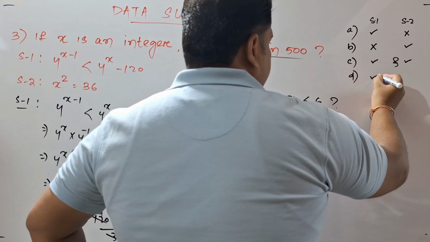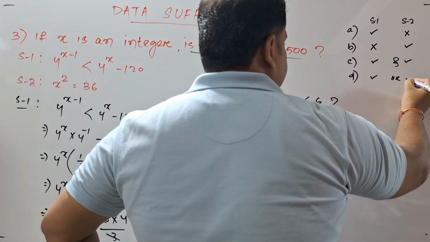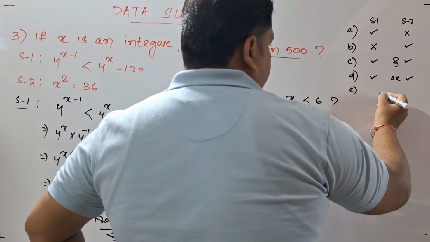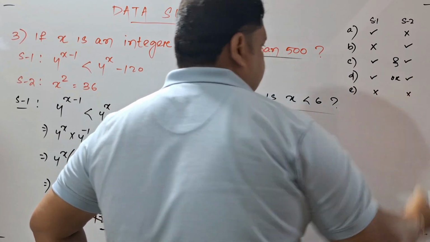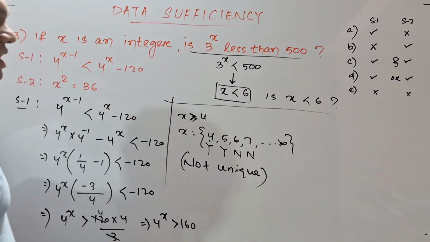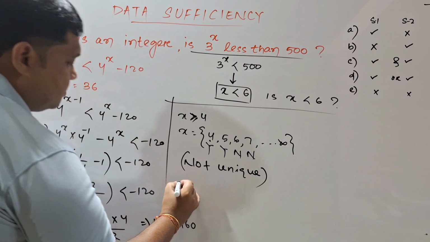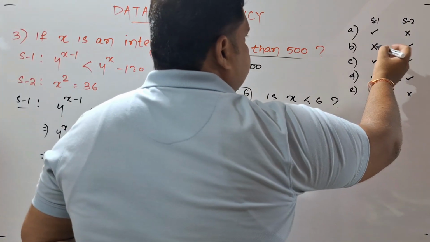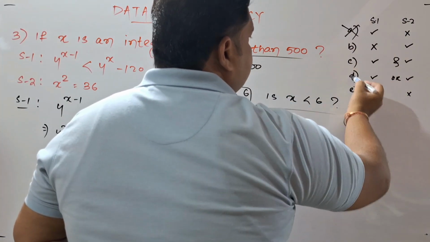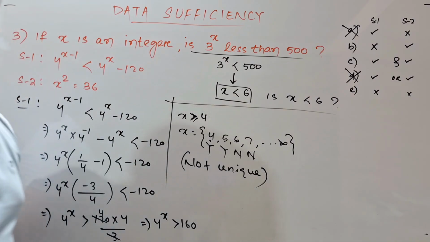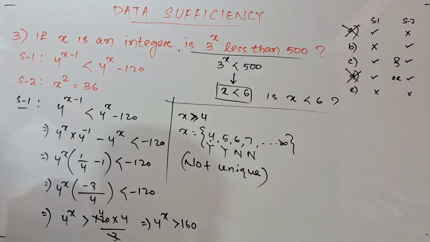Option D, each statement alone is sufficient. And option E, together they are not sufficient. Individually they are not sufficient, together also they are not sufficient. Achha, here the conclusion is what? Statement 1 alone is not sufficient, which means you can eliminate option A and option D.